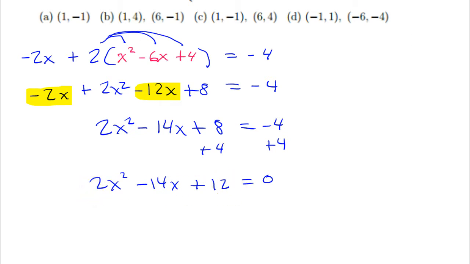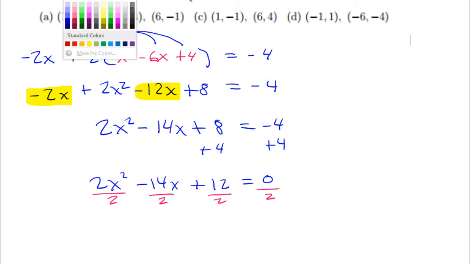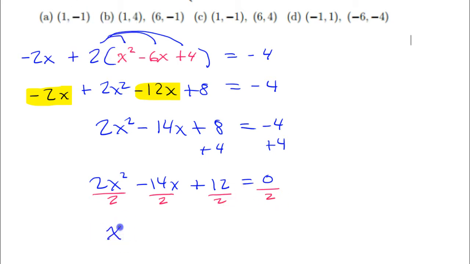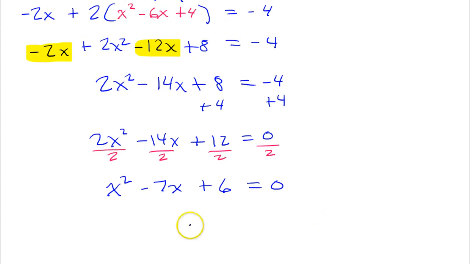All of these terms are divisible by 2. So when you're solving an equation, if there's a common factor, it's okay to divide everything by that common factor. So this equation will now become x squared minus 7x plus 6 equals 0. 0 divided by 2 is 0.